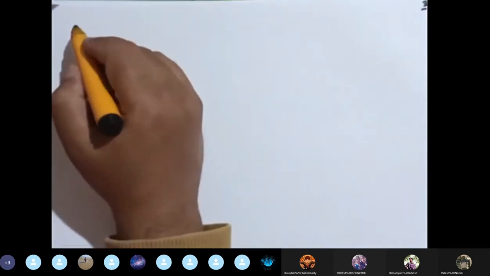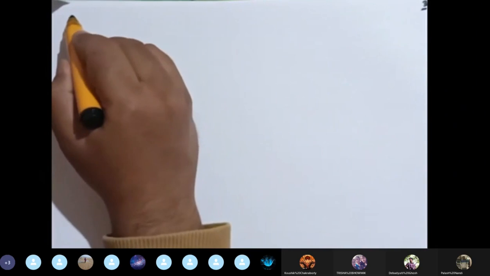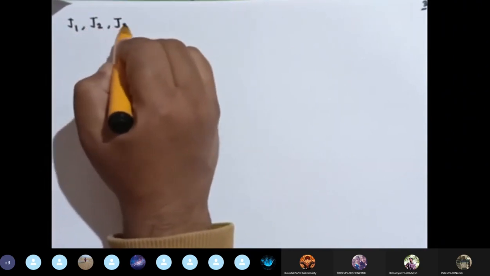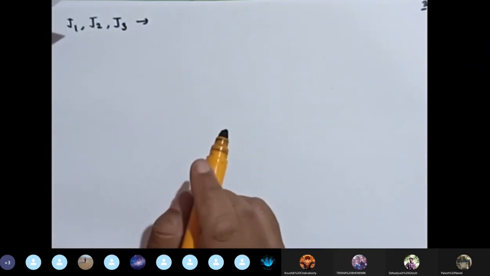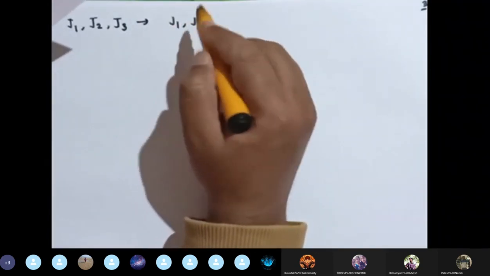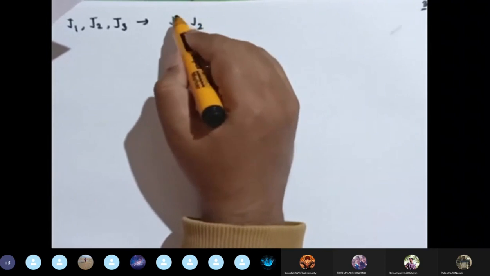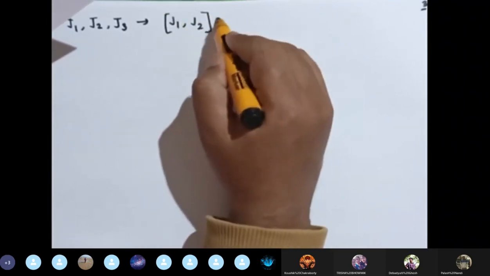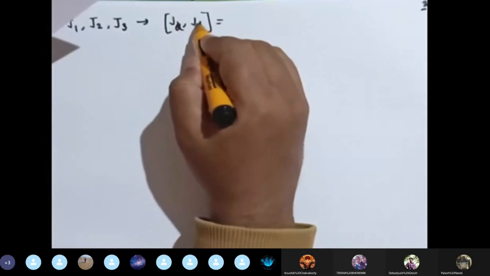Now, J1, J2, J3 are the three operators; they could have been represented by n cross n matrices, or take them to be n cross n matrices for the time being. Their commutation relation is this.